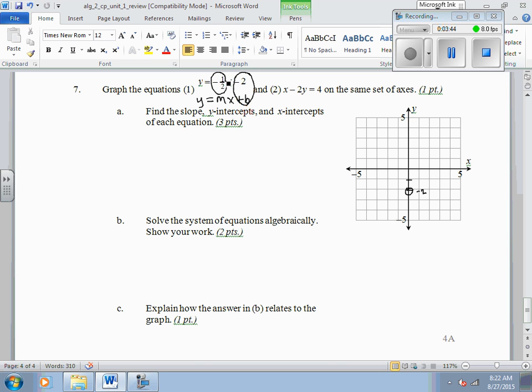That means to do what from this point? Not up 1. Down, because of the negative. The negative on the fraction of the slope will always refer to the top value. So go down 1 to the right. So you put another dot right there, and you'll just connect those.